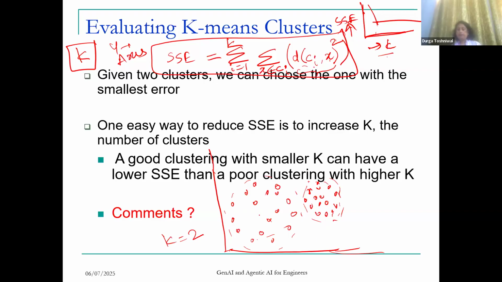The sum of squared error knows that it needs to minimize the distance of each and every point with respect to its respective cluster center. In an attempt to do that, the correct cluster center for all the points in this portion should have been here, and in this portion, it should have been here.